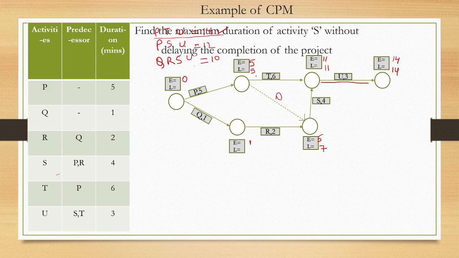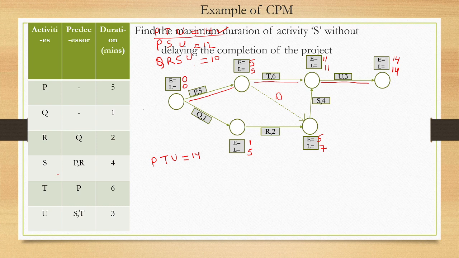So it will be 5 here because we need to fill in the lowest value for L. So this is one more critical activity. 5 minus 5 is 0. First of all this one, 7 minus 2 is 5. Now 5 minus 1 is 4. 5 minus 5 is 0. So this is 0 and this is a critical activity. So you have the critical path, which is P, T, U, and the project duration is 14 minutes.